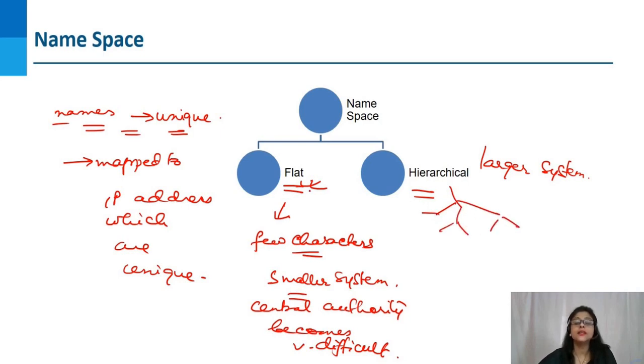The names are divided into several parts, and each part is separated by a dot. So we will learn more about it. So this is the overall concept of namespace.